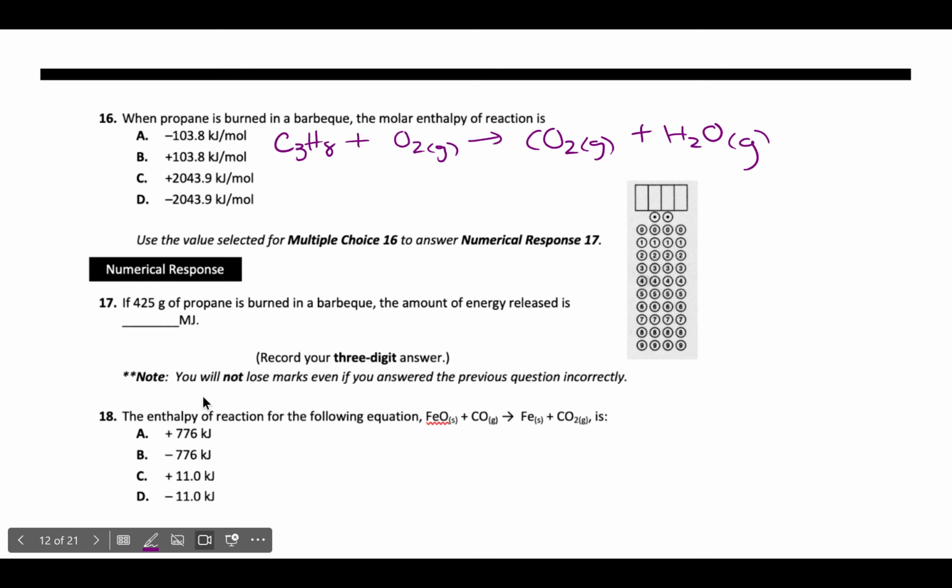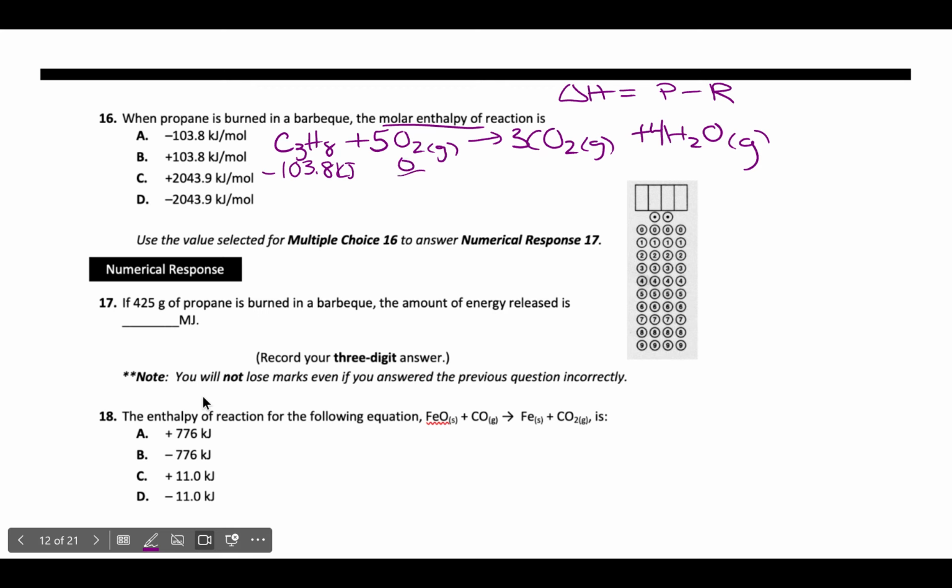Then we're going to balance this. We'll need a 4 here, a 3 here, and it ends up being a 5 for oxygen. Because it's asking for molar enthalpy, we are using Hess's law short. Again, that's delta H of your reaction is the sum of your products minus your reactants. You could write this formula out a bit more expanded, but that's how I write it, just to simplify it and make it a bit faster. So I would look up each of these values on page 4 or 5 of my data booklet.